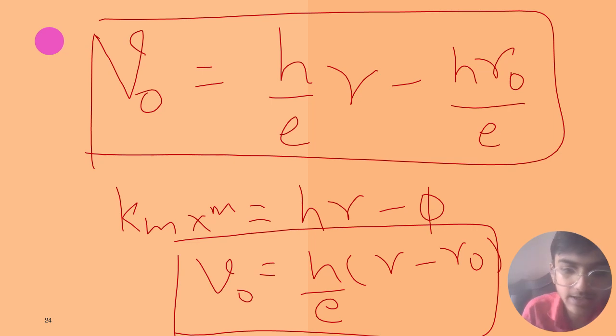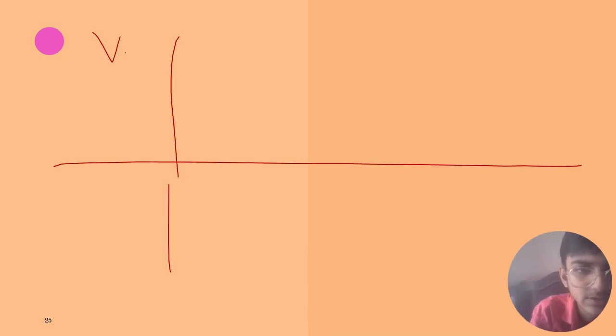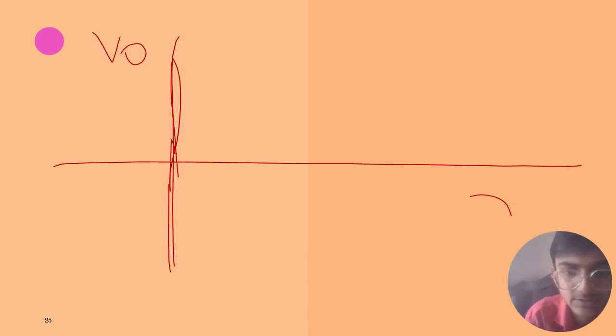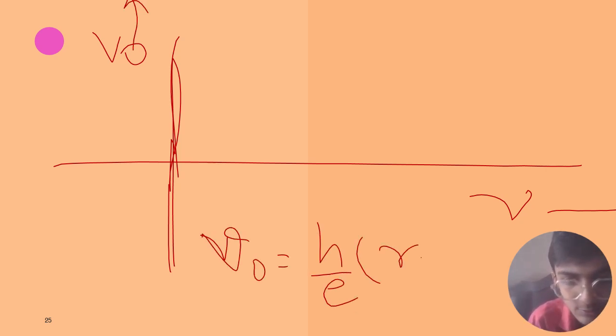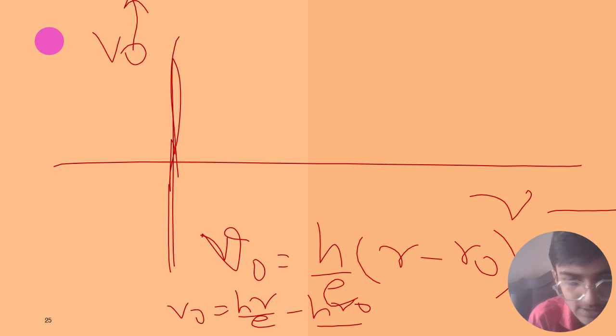Now we will plot a graph between stopping potential and frequency. So what will this be? You can write it as h by e into nu minus nu naught, or as h nu by e minus h nu naught by e.